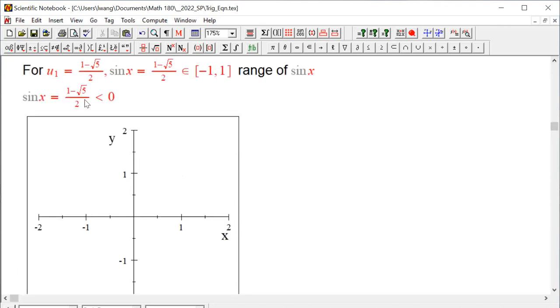The definition tells us sine is the blue over R. R is 2, and the blue is 1 minus root 5. Let's do it.